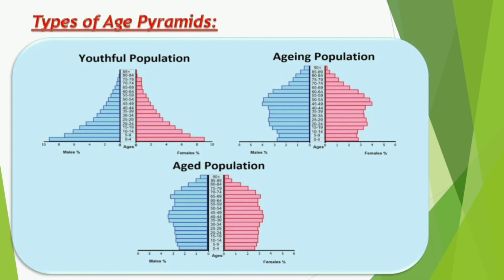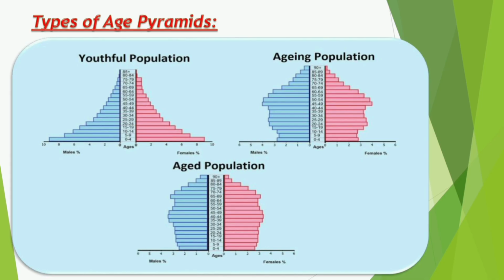Now let's understand the three types of age pyramid shown here. The first pyramid is the youthful population. Here you can clearly see the base of the pyramid is very wide. This means there is a large proportion of children in the age groups 0 to 4, 5 to 9, 10 to 14, and so on.